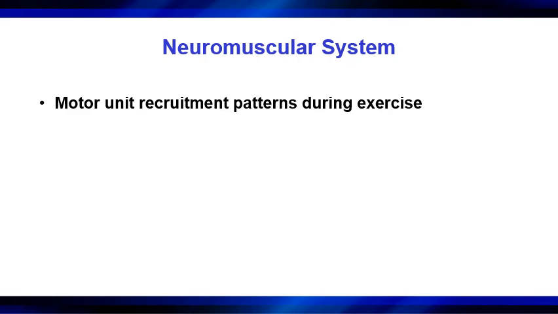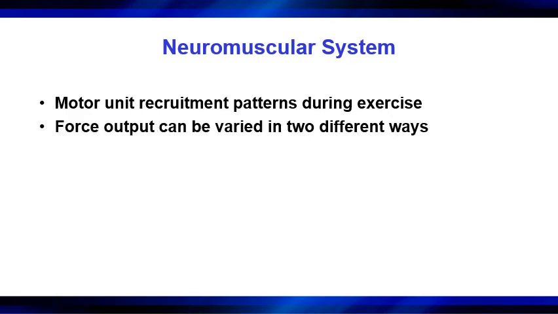Okay, so I've made a couple different examples throughout this. Picking up a pen versus trying to twist the top off of a jar that's sealed really tight. Things like that. So the motor unit pattern is going to dictate how much force we produce. And again, force output can vary in two different ways.